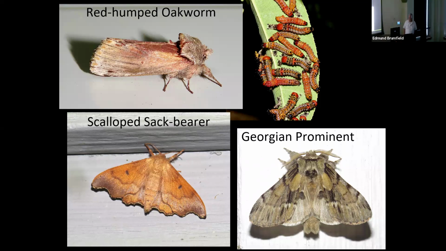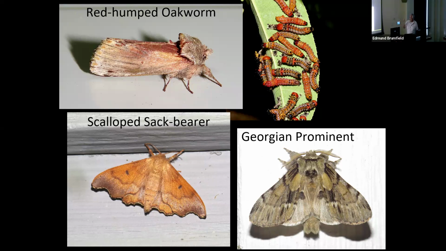Red-humped oakworm moth. Now I think that these are the caterpillars for the red-humped oakworm moth. I'm not positive because this genus, the genus Cimarista, consists of 4 different species. 3 of them look almost identical as adults. This is the one that's different, but all 4 have larvae, which are very, very similar, almost identical.